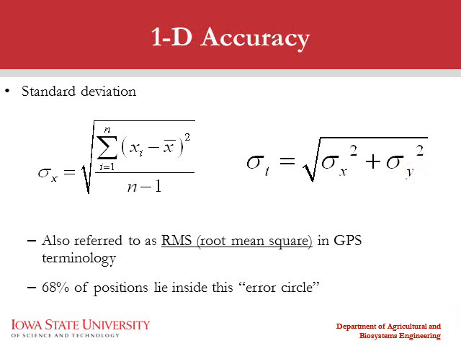We square the two standard deviations, add them together, take the square root of that, and it gives us a resulting total or overall sigma value, or standard deviation. That standard deviation is a direct representation of the root mean square error for the GPS receiver. So when you see an RMS error, root mean squared error, that's giving you the 1 sigma, or the 68% accuracy calculation.